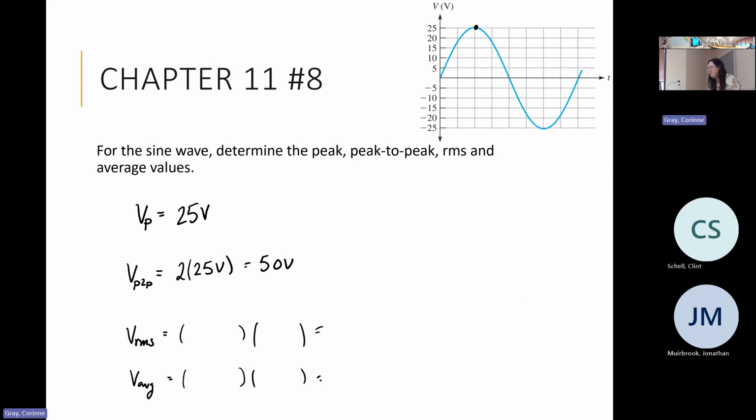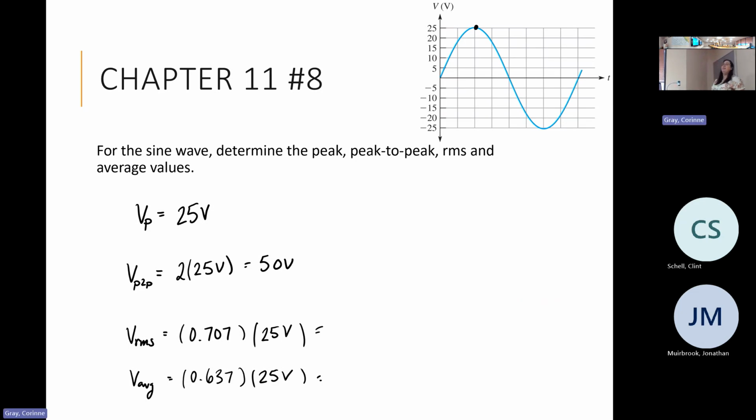So for both RMS and average, I'm going to need to take my peak value and multiply it by the appropriate number. For RMS, what is that value? 0.707. Yep, and then what about for average? 0.637. Yeah.